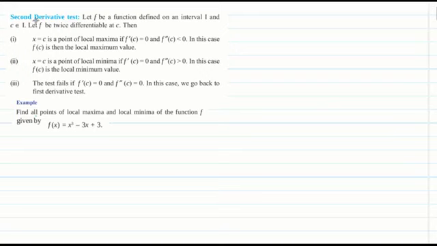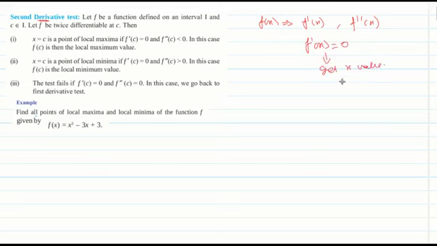Second derivative test. It is actually very easy, children. The function f of x will be given. You have to find f dash of x and also f double dash of x. To find whether it is maximum or not, you equate f dash of x to 0 and get the x value.